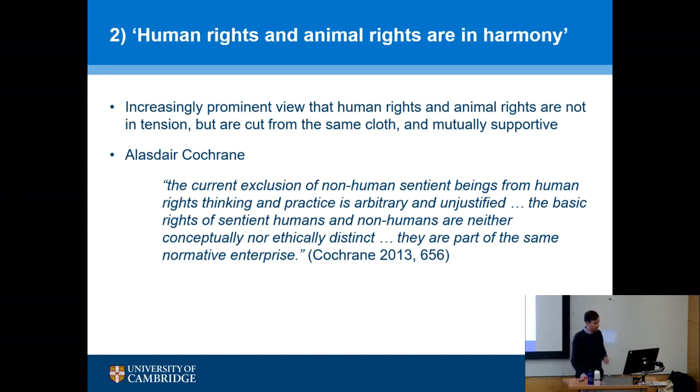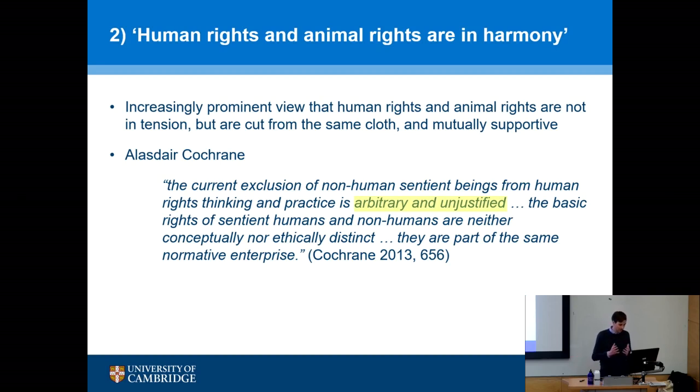Cochrane says the current exclusion of non-human sentient beings, i.e. animals, from human rights thinking and practice is arbitrary and unjustified, right? For the reasons we've identified before. If we're focusing on just human species membership, there's a problem of speciesism. And if you're focusing on some specific characteristics, it might just be that animals have it too, or that not all humans have it.